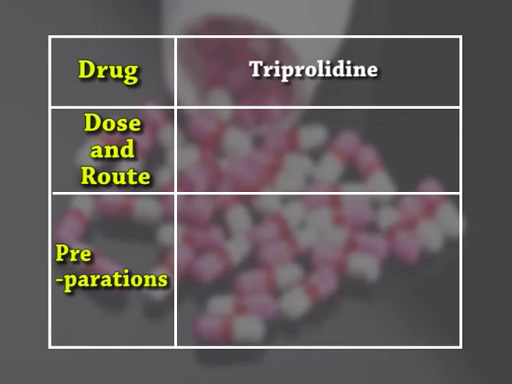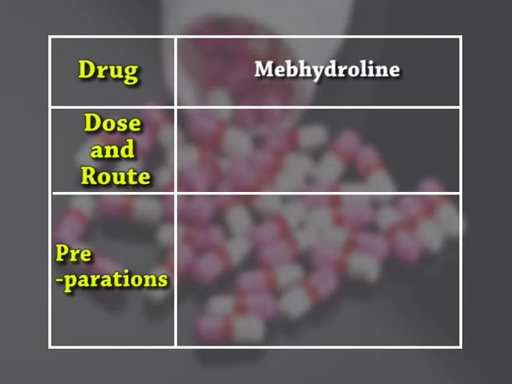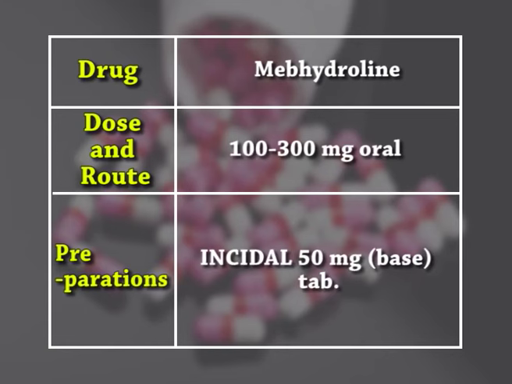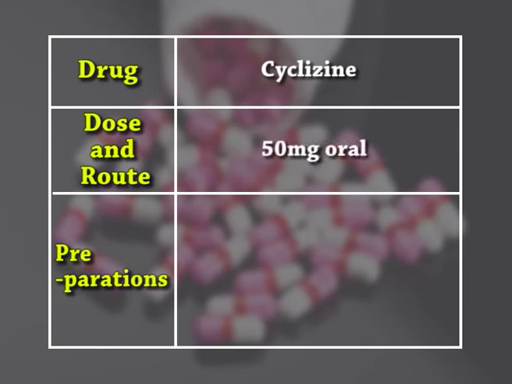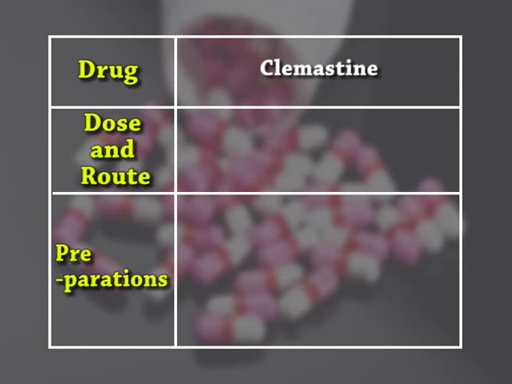Next is triprolidine, given in a dose of 2.5 to 5 mg, route oral. Preparations include Actidil. Next is mebhydrolin, given in a dose of 100 to 300 mg, route oral. Preparations include Incidal. Next is cyclizine, given in a dose of 50 mg, route oral, and preparations include Marezine. Next is clemastine, given in a dose of 1 to 2 mg, route oral.